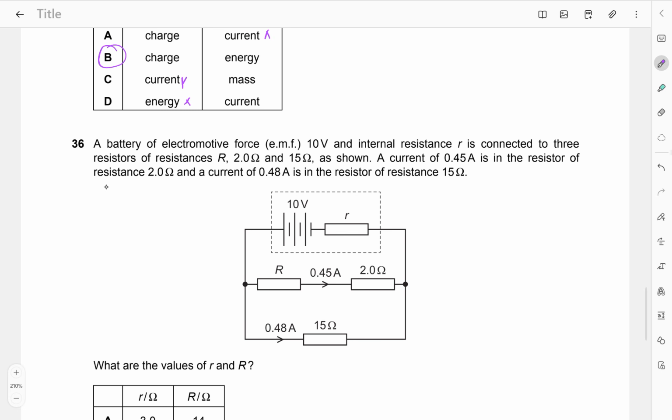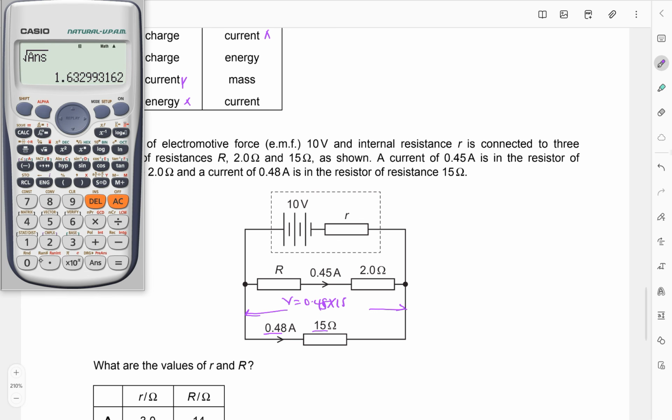Okay. Since we know the current here and the resistance, let's find the PD in parallel here. Using Ohm's law, PD is going to be equal to current times resistance, which is 0.48 times 15, which is 7.2.